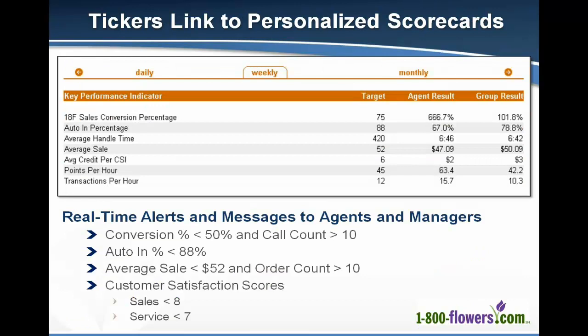Here's an example of their personalized scorecard. So you could drill down on any of those tickers, and the agents can bring up their scorecard, and they can see on a daily, weekly, and monthly view how they're doing on their key metrics. So what's nice is 1-800-Flowers has also integrated real-time alerts and messaging based off the results of the KPI.